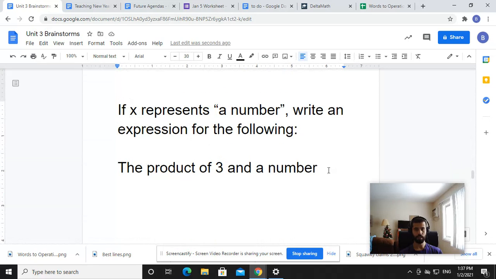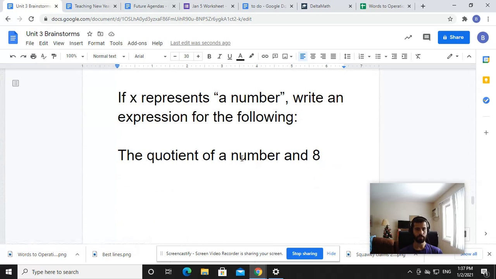The product of 3 and a number, so 3 times x is our number. And if we're thinking 3 times x, we can actually just write it like this: 3x means 3 times x.